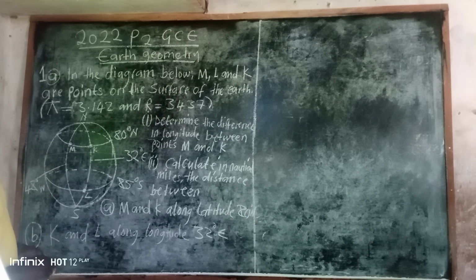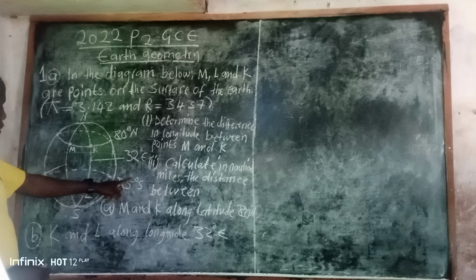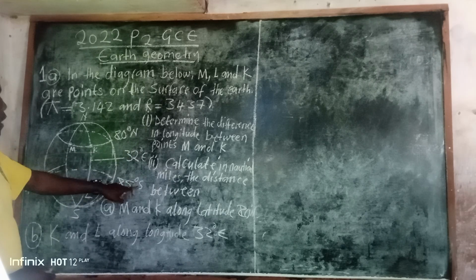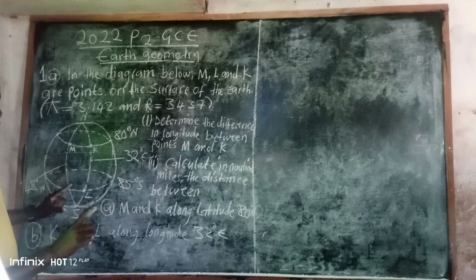So we are going to consider the positioning of the points. Are they on the same side or on either side? When you look at this one, K lies on 80 degrees north, then L lies on 85 degrees south. So north, south, that means they are not lying on the same side.